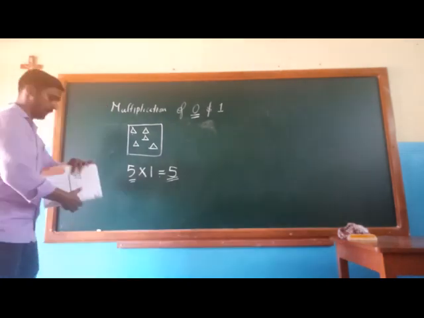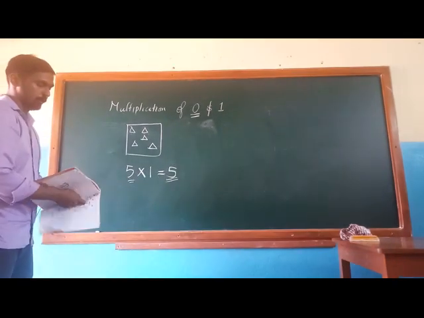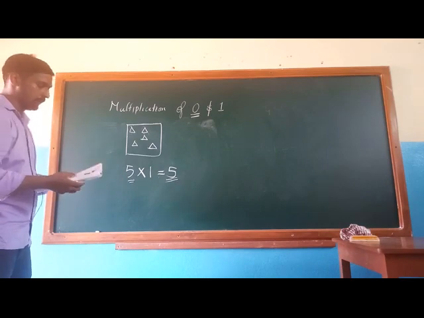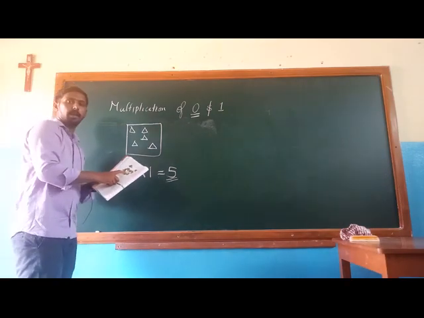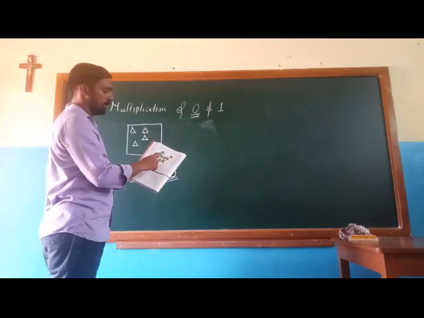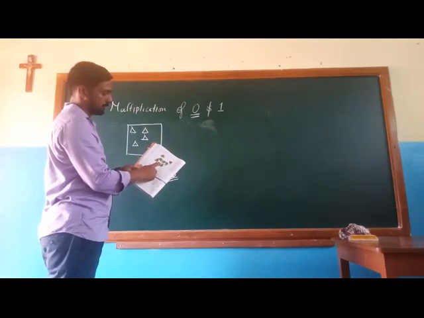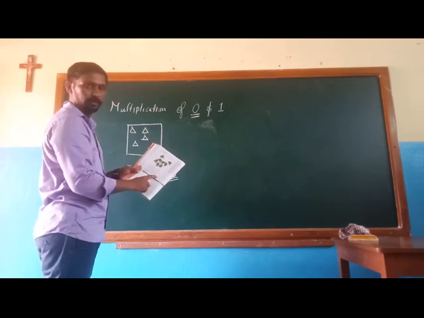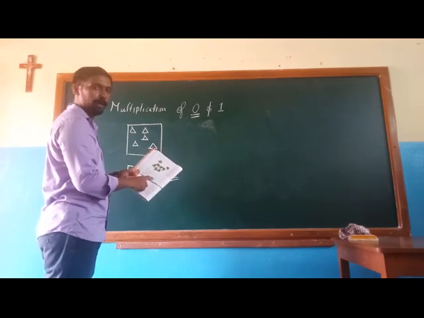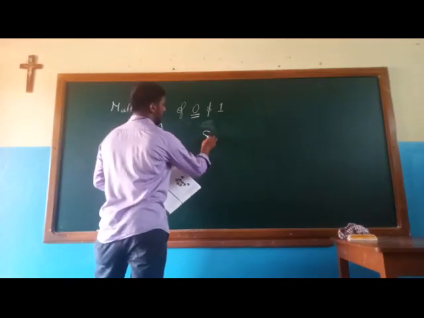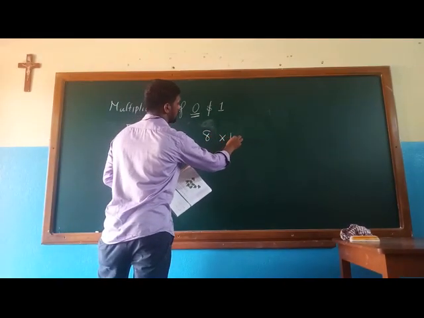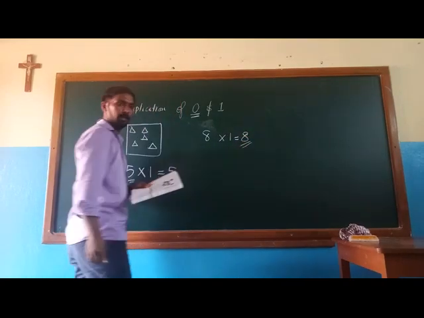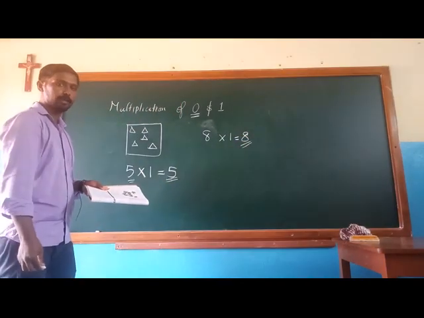For example, in our textbook, on page number 70, there are 8 ladybirds in one plant. If you take all the ladybirds in one plant together, we write it as 8 into 1. That means there are a total of 8 ladybirds in one plant. Understand?